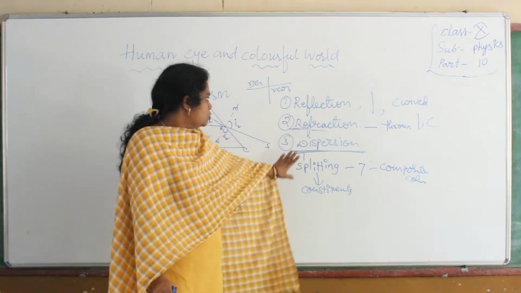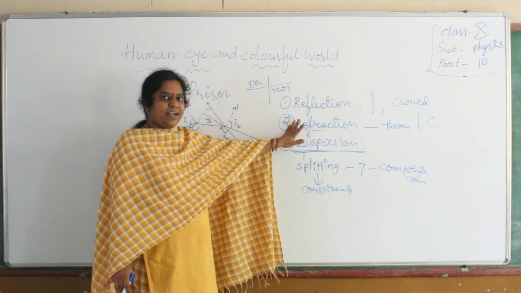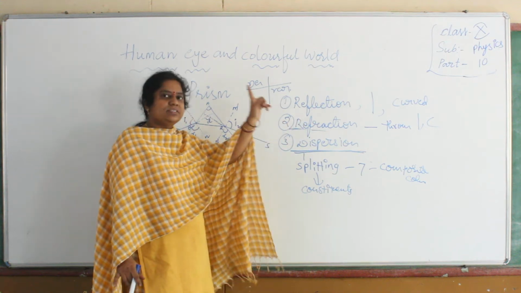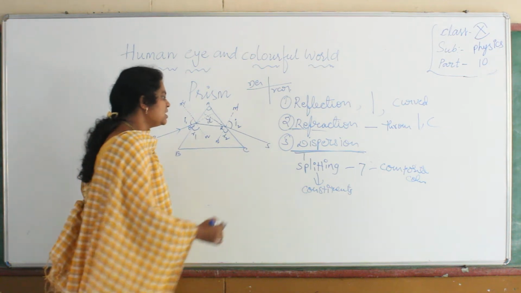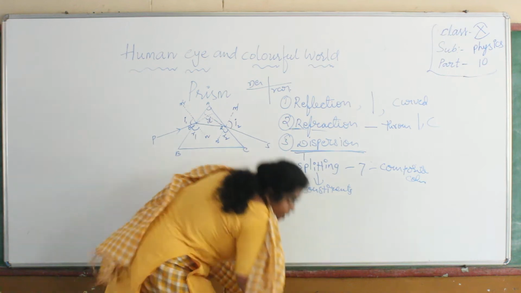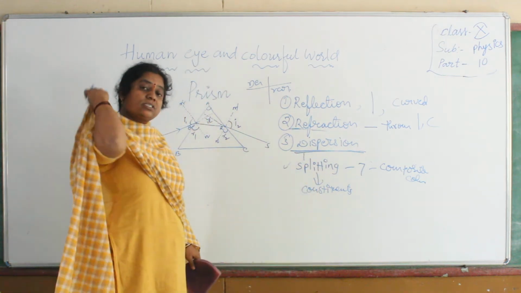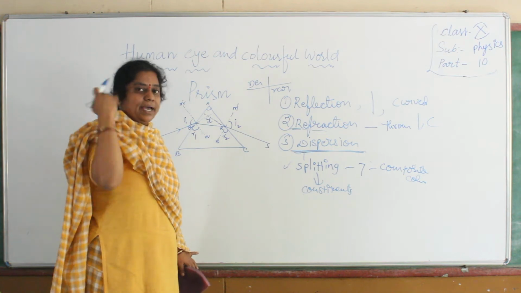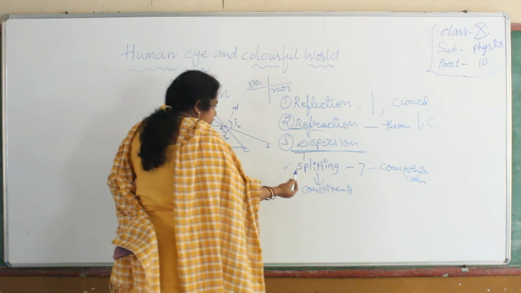Okay children, so we have already discussed reflection of light, refraction of light, and we are discussing now dispersion of light. Dispersion is nothing but splitting of light rays. Splitting of light into its constituents is called dispersion of light.